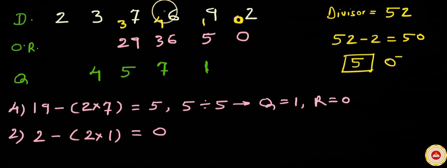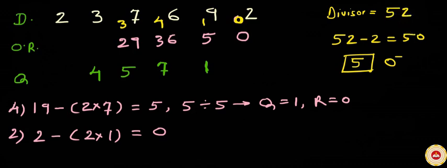Now friends, we have covered all the digits and we have calculated last osculation result, which is 0. That means given dividend 2,37,692 is divisible by given divisor 52.